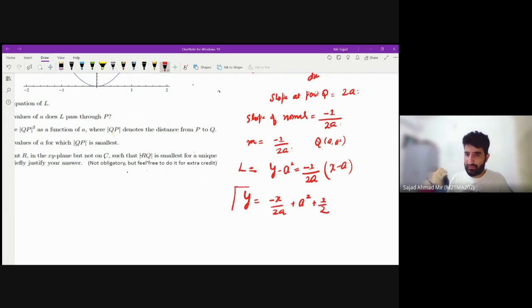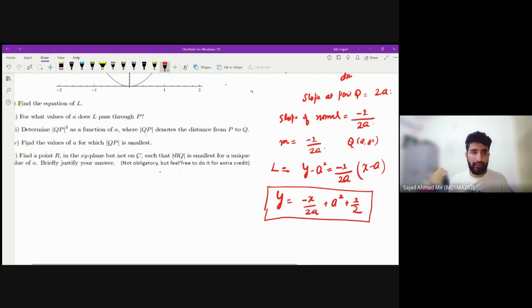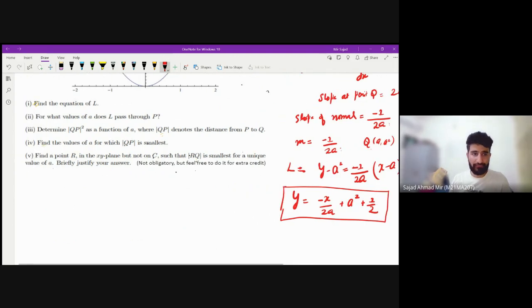This is my equation for the line L, where L is the normal.